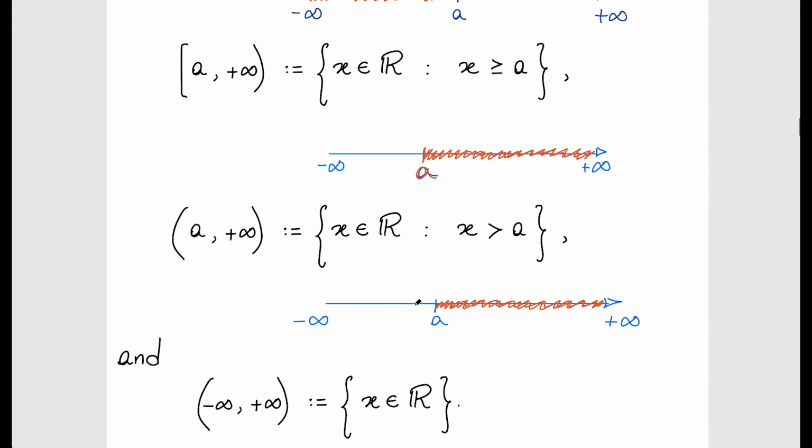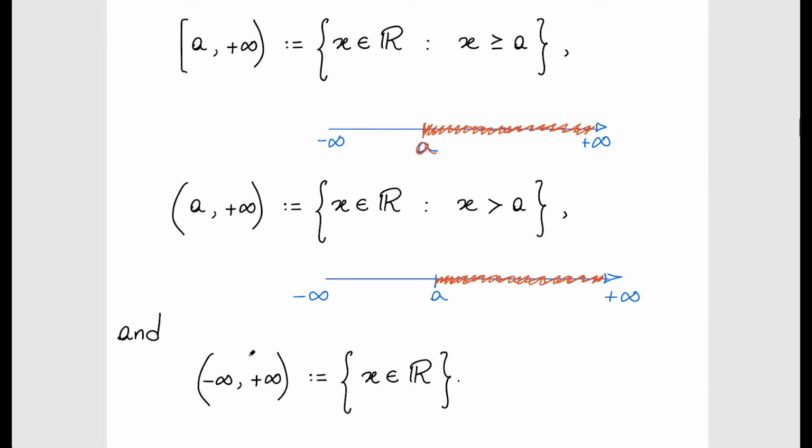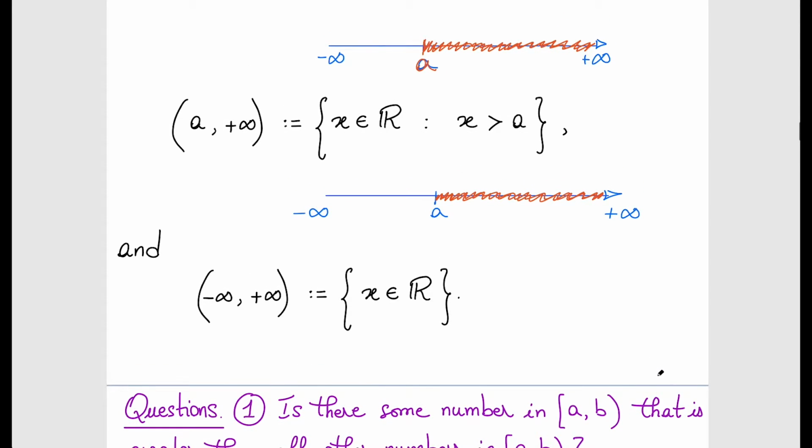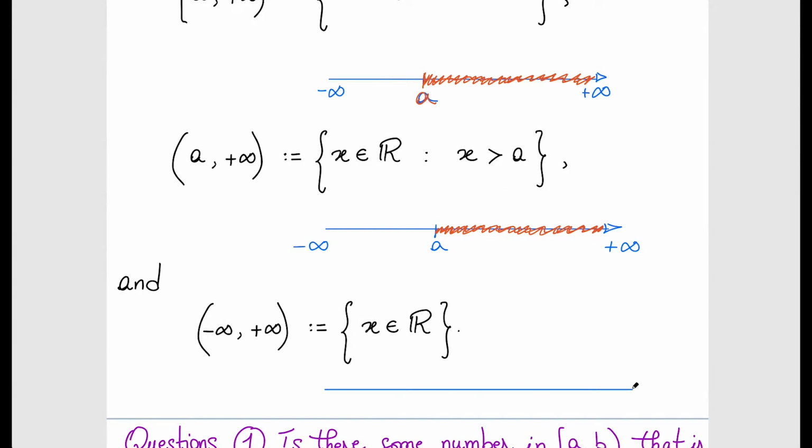Very good. And lastly, this interval minus infinity to plus infinity means just the collection of ordinary numbers. There are no constraints anymore. You don't see a constraint like this, a constraint like this, right? Any real number is invited to the set. So we're actually talking about the whole thing here. That's minus infinity to plus infinity, so all the line is orange now.